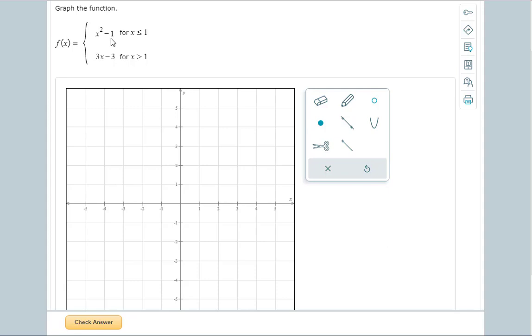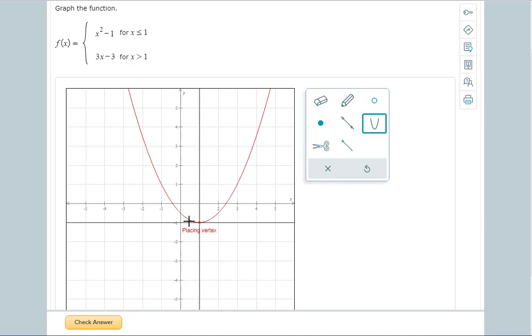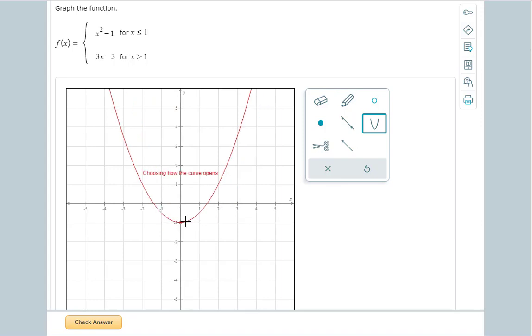This one is shifted down by 1. Alright, so I grab this from my parabola tool. I got to place the vertex. Alright, so the vertex is there. Now, does my curve open up or open down? Well, this one has a positive lead coefficient, so it opens up and I click.